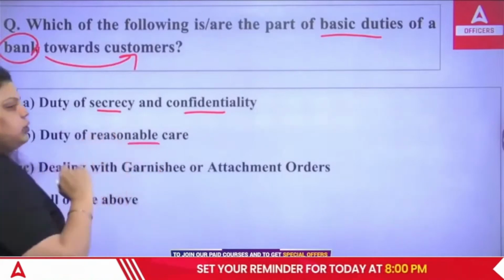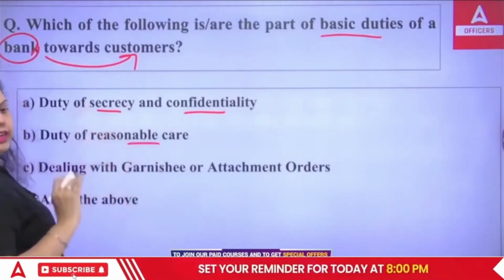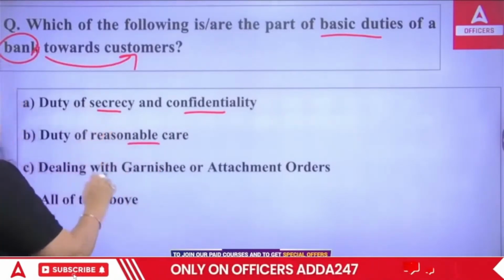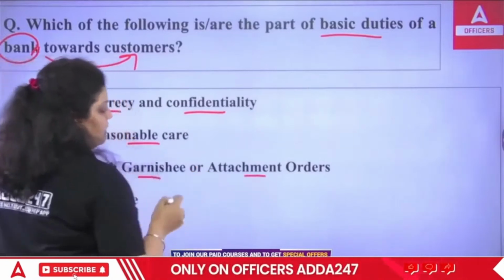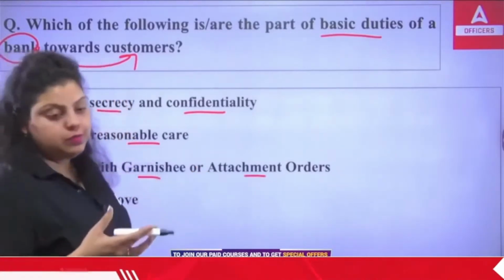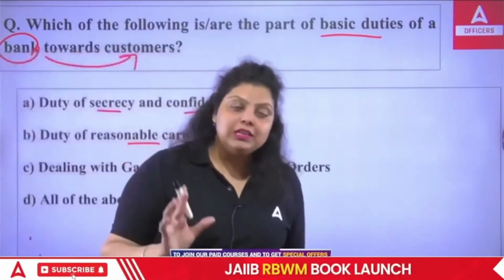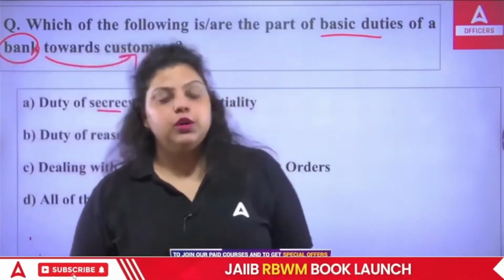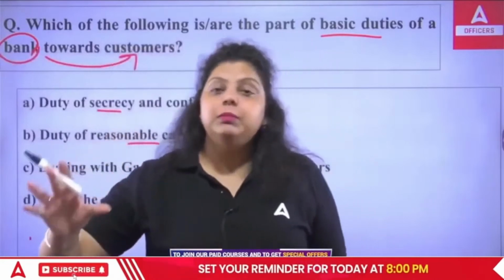Okay, now duty of reasonable care. Obviously, this is also a duty of a bank to have a reasonable care in context to the customer. Dealing with the garnish order or attachment order, this is also a duty of a bank. Garnish order will be given by the court.